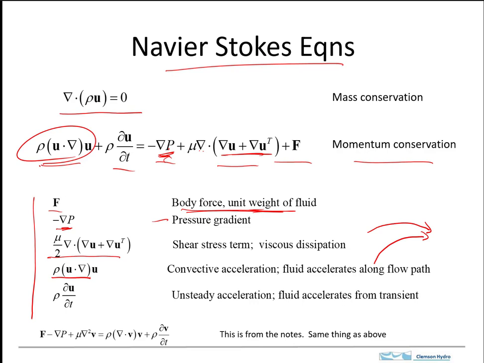So when the flow converges, it's going to accelerate just because of the pattern of the flow. So if you trace a particle of water along this flow path, that particle is going to accelerate as it converges.